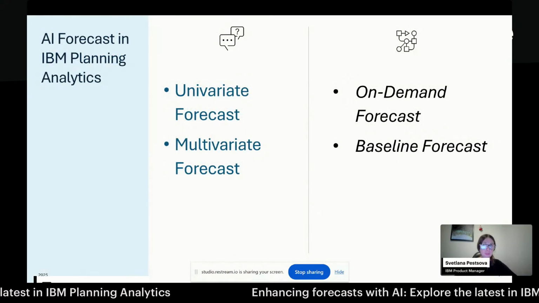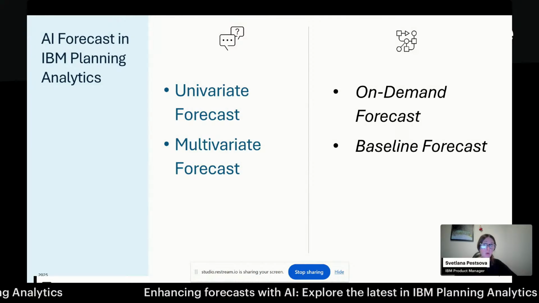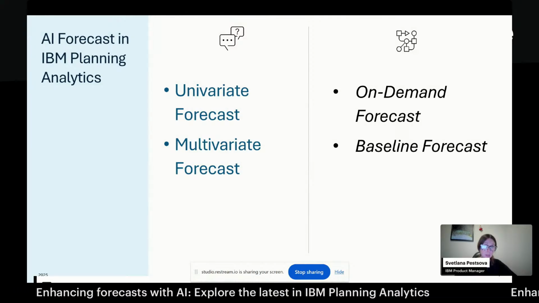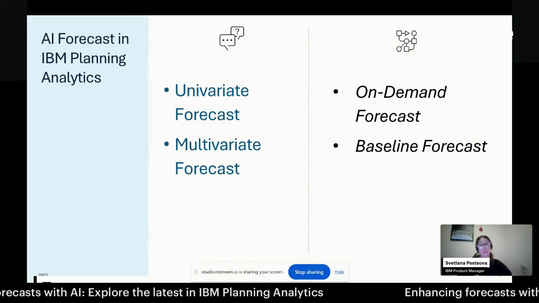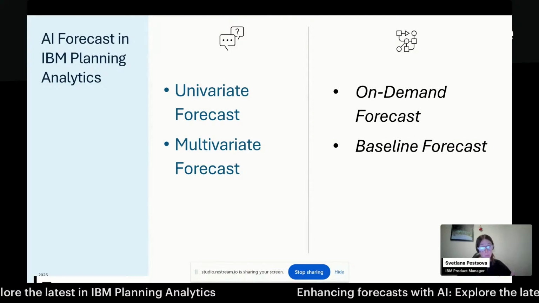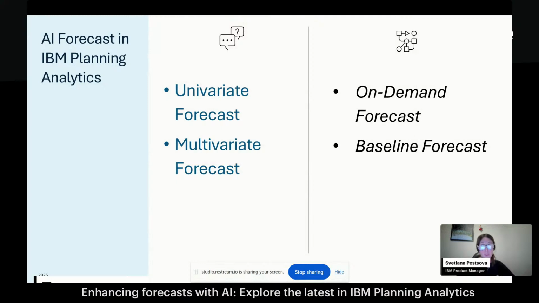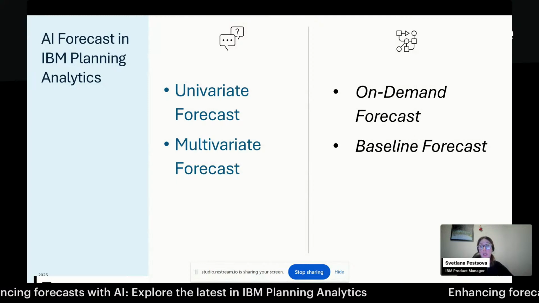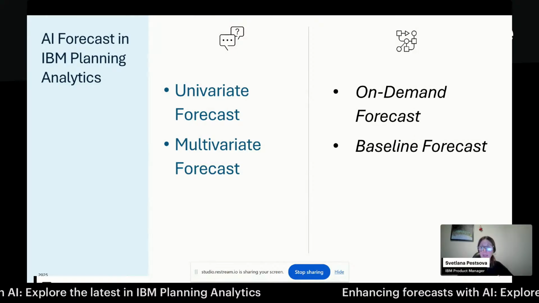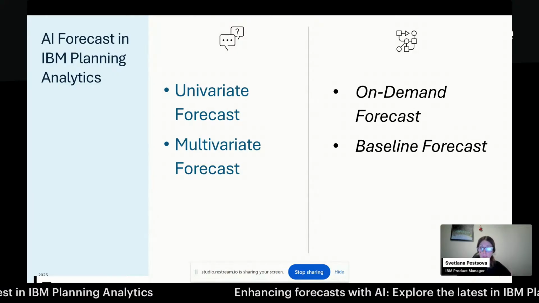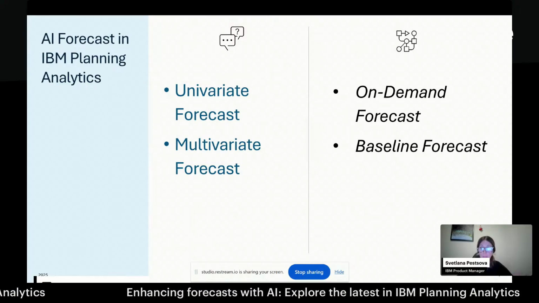So what we have in forecasting right now in IBM Planning Analytics, we have the methods, the models you can use. It's in my left column. So it would be univariate forecast, which is using 9 Holt-Winters models for your data.